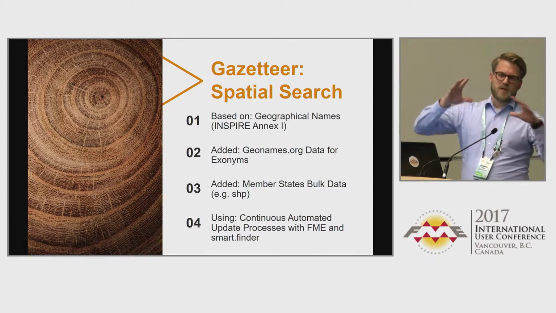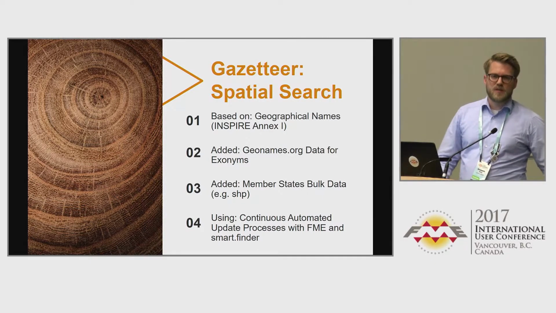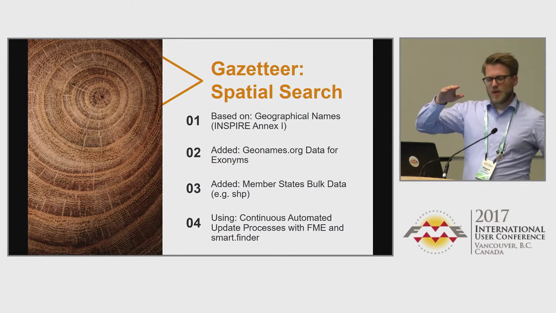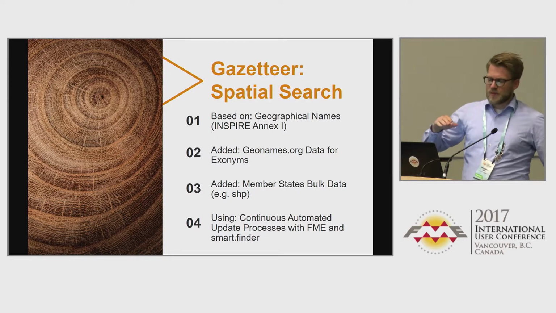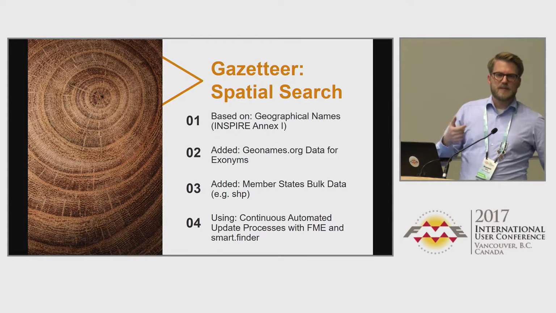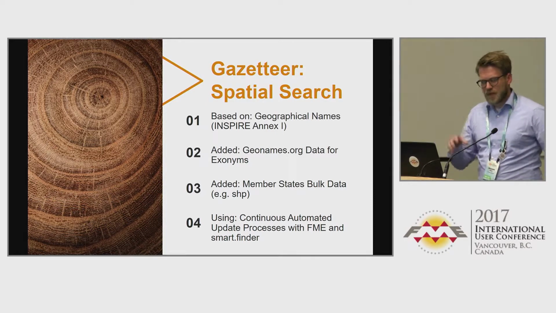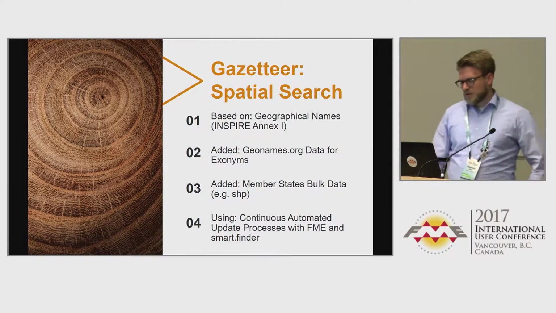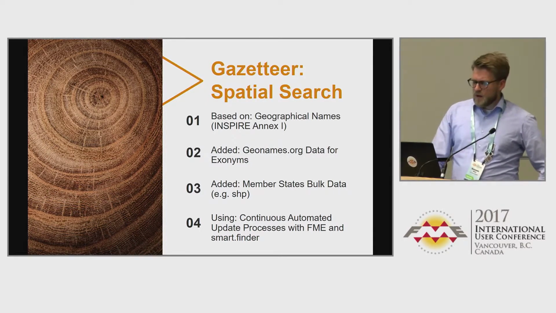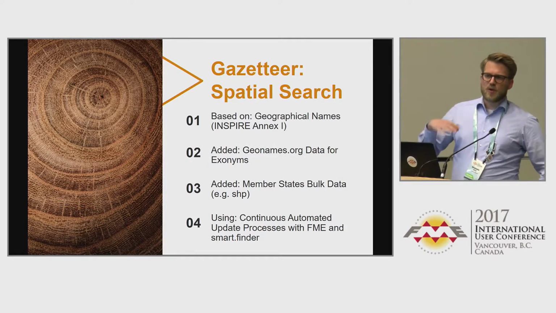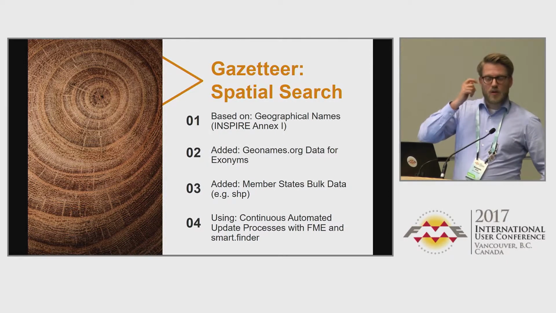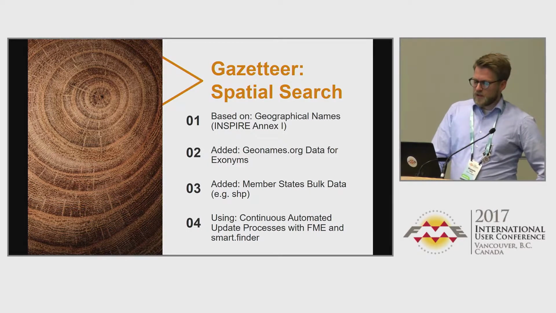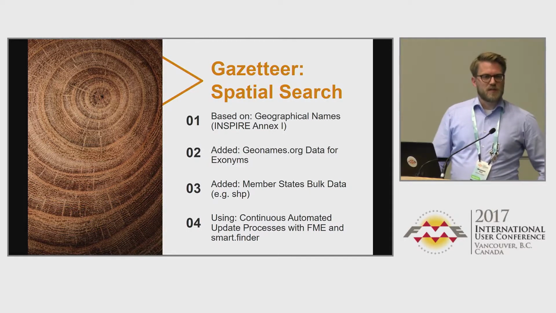All the Inspire regulations are divided into 34 annex themes, and one of them is geographical names that already contains a lot of places and names and point geometries. But the problem is that not all countries are already providing Inspire Annex 1 geographical names data sets.